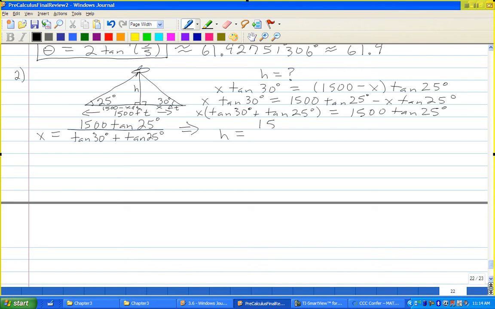And so it's just 1500 tangent of 25 degrees times tangent of 30 degrees over tangent 30 degrees plus tangent 25 degrees. And that's the height.